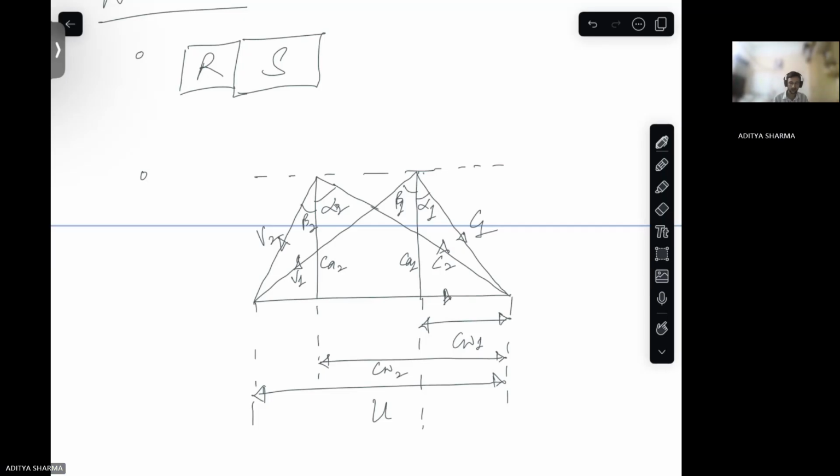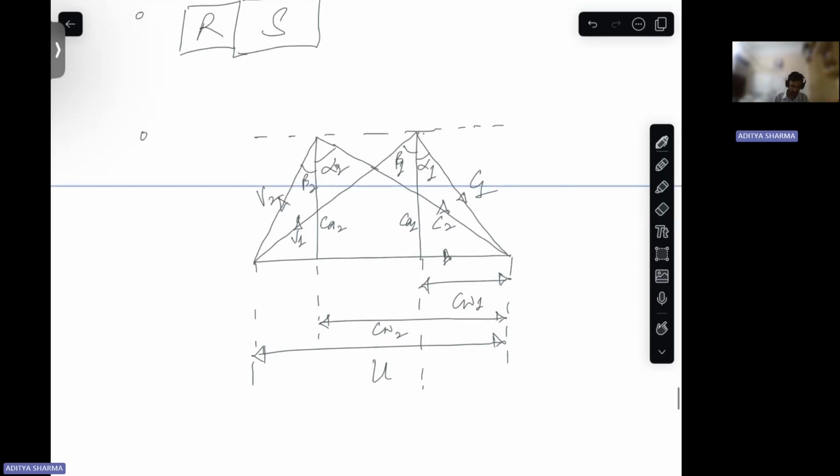If you still have some issue with visualizing, you can always reach out to me, or just type in the comment box. I'll be happy to answer. So this is the velocity triangle for your axial flow compressor.